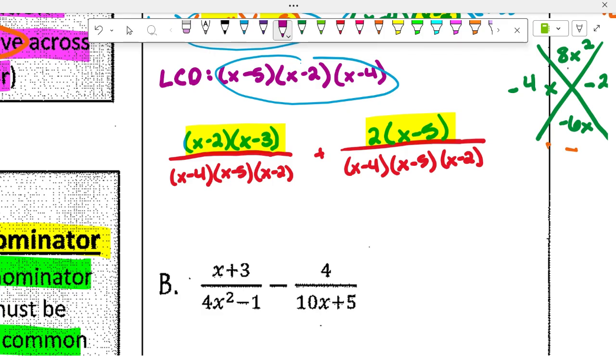I know you guys know how to do that, so I'm going to skip that part and just tell you what it is. So it's x squared minus 5x plus 6 plus, I'm going to go ahead and combine them as I do this. If I distribute the 2, so I did FOIL here.